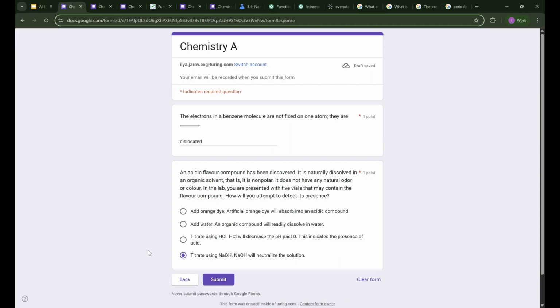I'm not really sure of this one. I'm thinking it's not the orange dye because it doesn't really do anything as an indicator for acidity. Water will just dilute it, and it's non-polar, so it's not going to dissolve it. So this rationale is incorrect. This doesn't make sense. So this is the only one that remains for me.